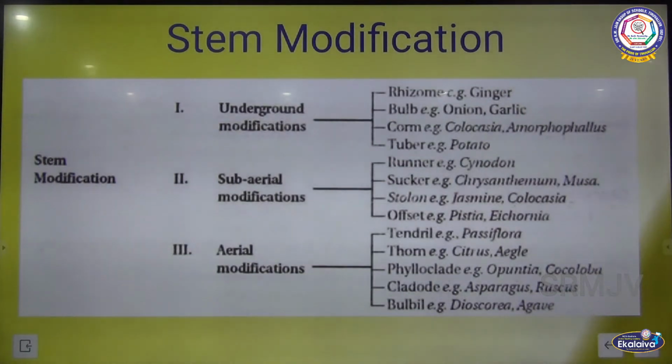And subaerial modification we can see under runner, sucker, stolon and offset. And aerial modification we are going to look into tendril, thorn, phylloclade, cladode and bulbil.